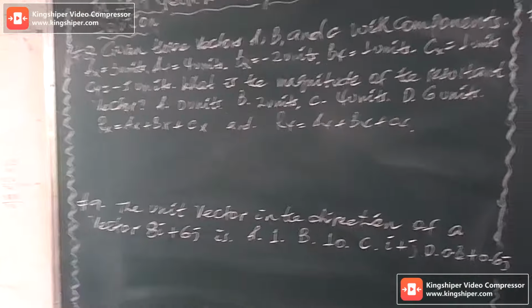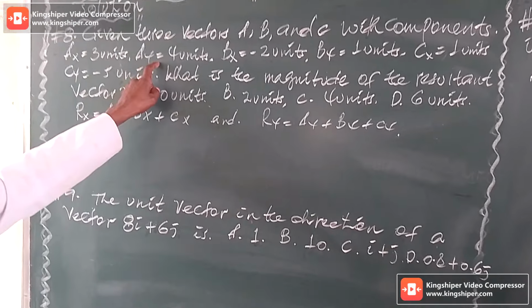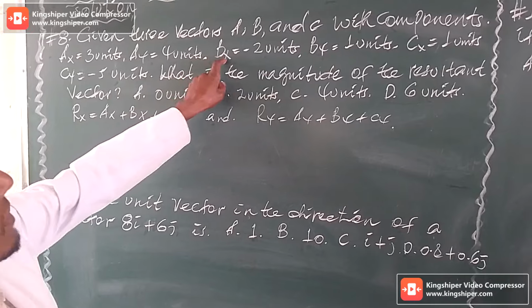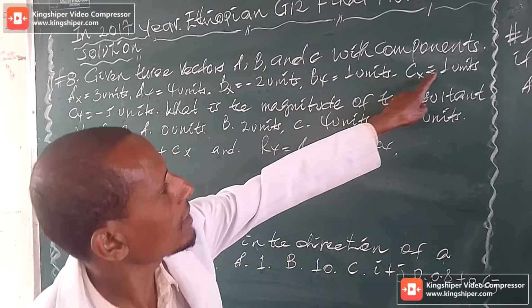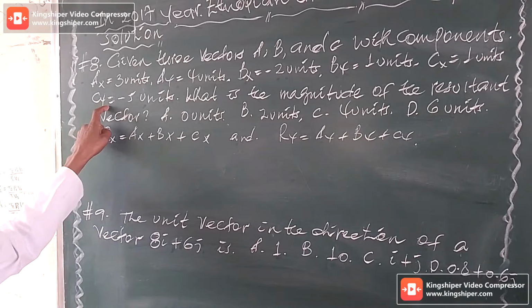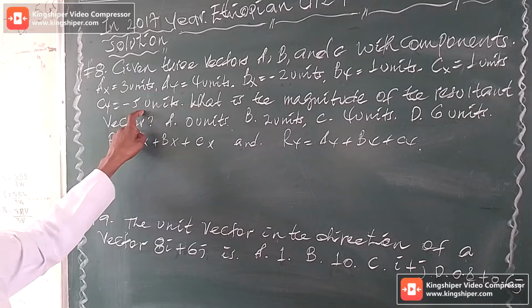Then from the given, Ay is 4 units, Bx is minus 2 units, By is 1 unit, Cx is 1 unit, and Cy is minus 5 units.